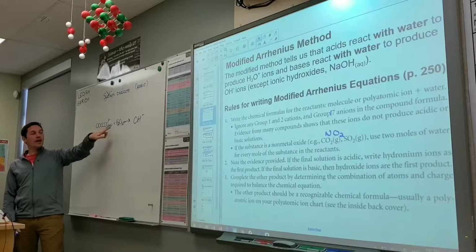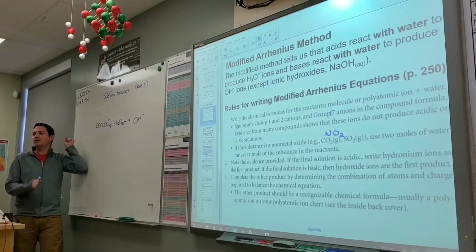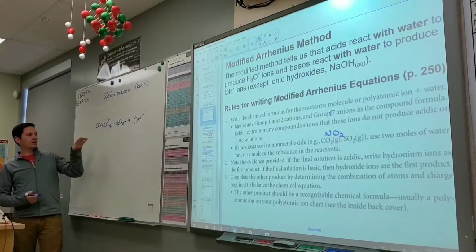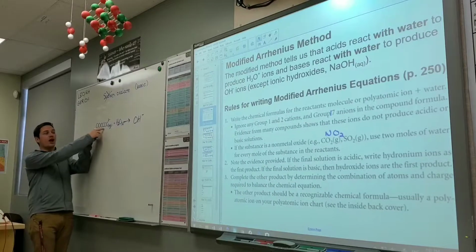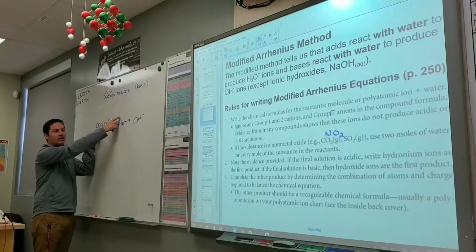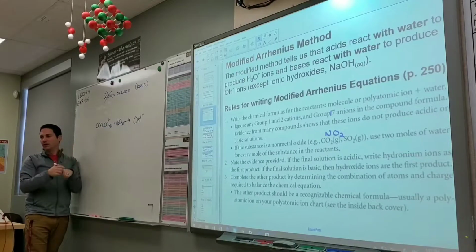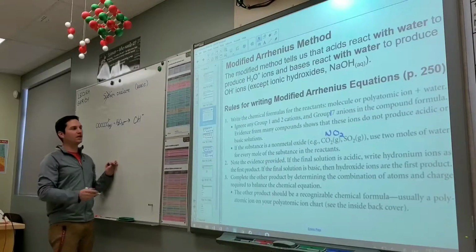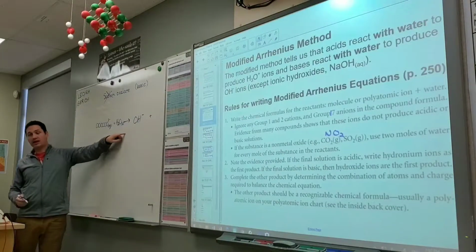When this thing reacts with water, does it pull off a hydrogen or does it add a hydrogen? Depending on your perspective, does the oxalate add another hydrogen onto the water, or does it steal a hydrogen away from the water? It steals a hydrogen away from the water, so it makes hydroxide. What are we going to get in addition to hydroxide as our other product?